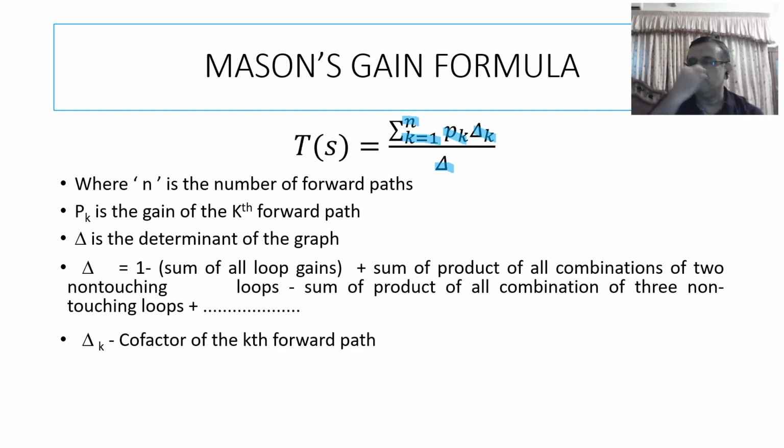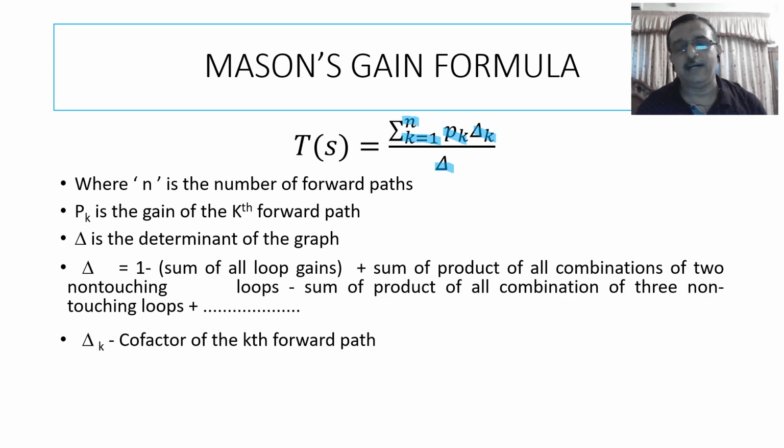That is, if there are two paths, then we will have P1 delta 1 plus P2 delta 2 by delta. So P1 is gain of the first forward path, P2 is the gain of the second forward path, delta 1 is cofactor of the first forward path.